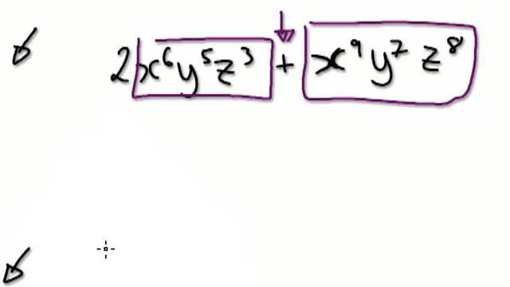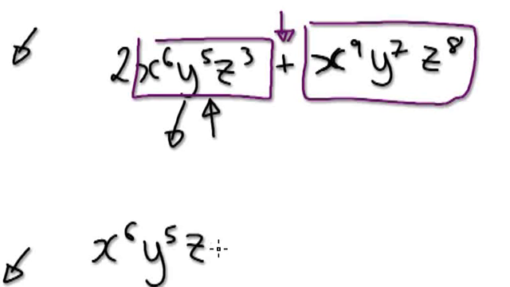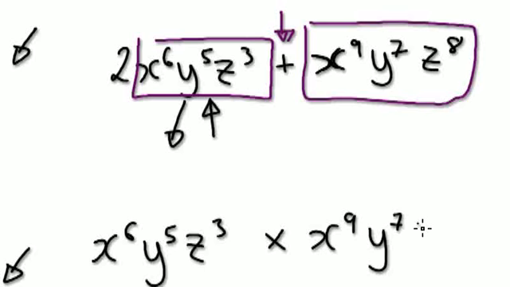You can, however, times. So my next question is times. Let's say I've got one of these, okay? So that would be x to the power of 6, y to the power of 5, z to the power of 3. Now I'm asking you to times only one, x to the power of 9, y to the power of 7, z to the power of 8.